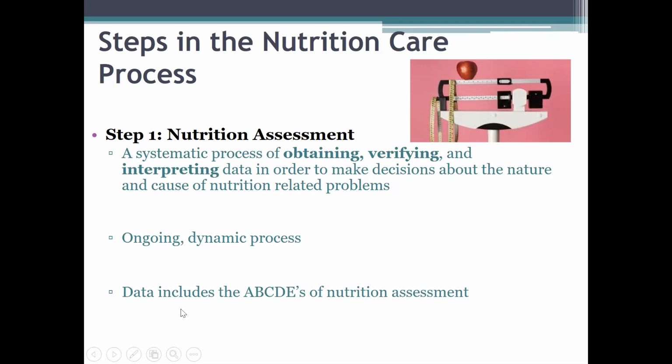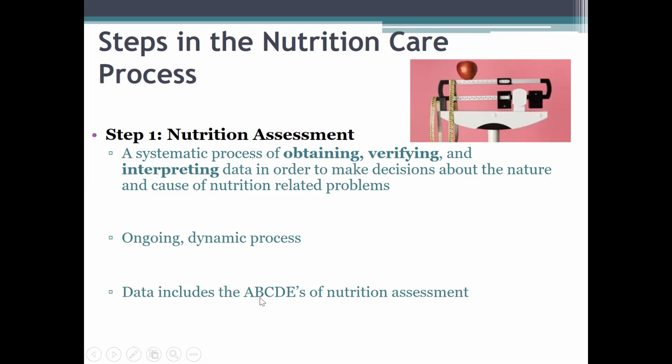Hopefully you remember what I mean by the ABCDEs of nutrition assessment. If you've forgotten and you're mad at me for giving you all these crazy acronyms, let me remind you now. A is all the anthropometric data like height and weight and percent body fat or percentiles on a growth chart.